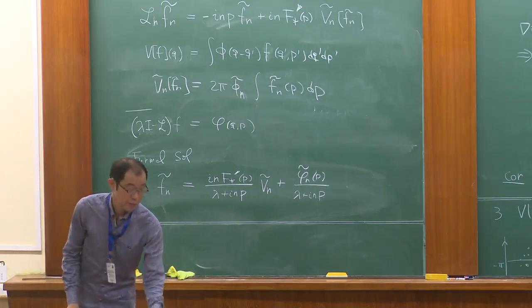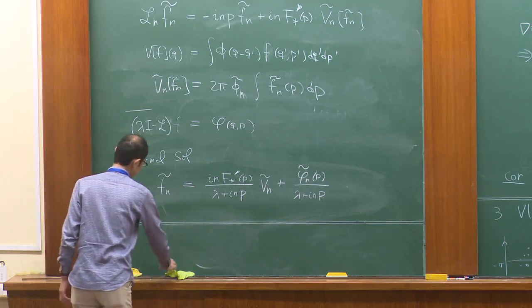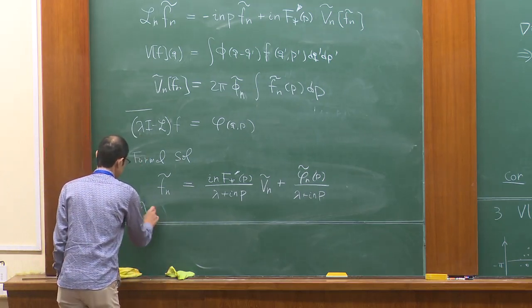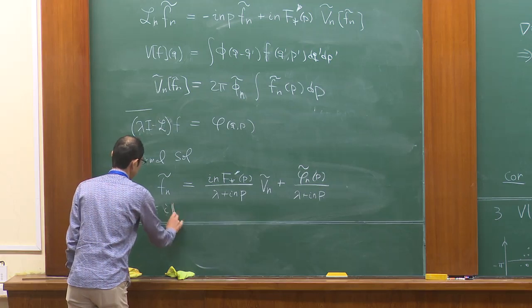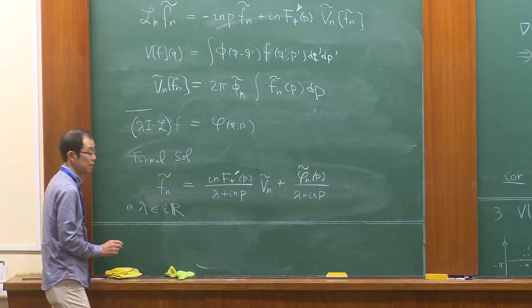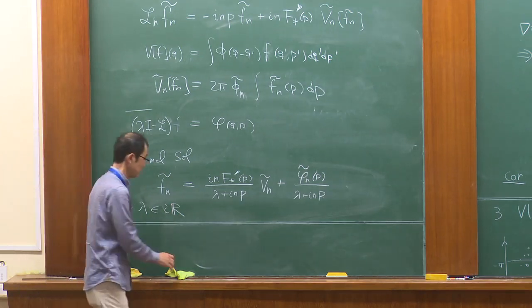So how about the spectrum? So if lambda is on the pure imaginary axis, then we have trouble. Why?